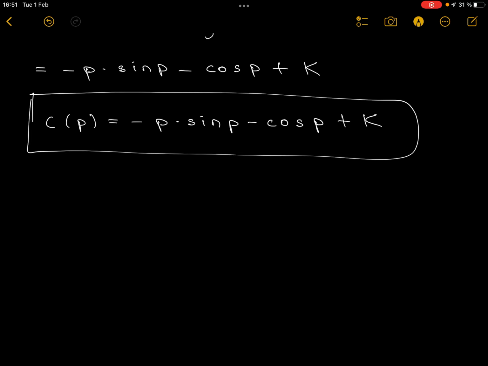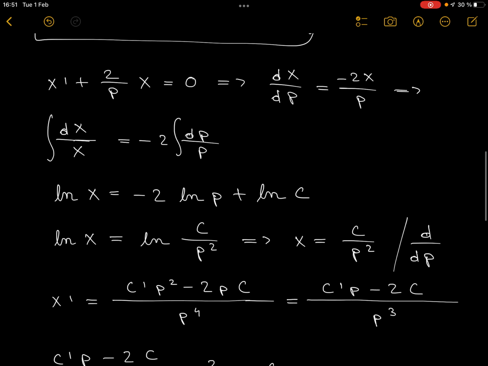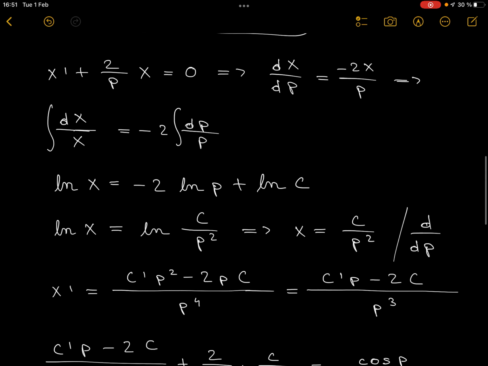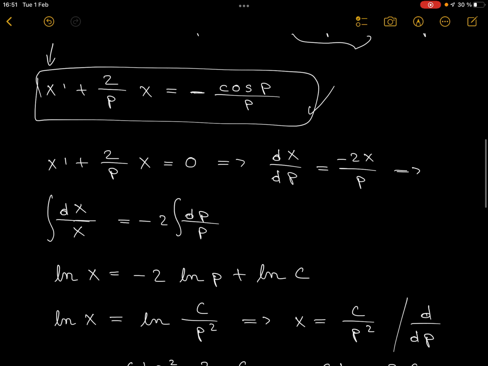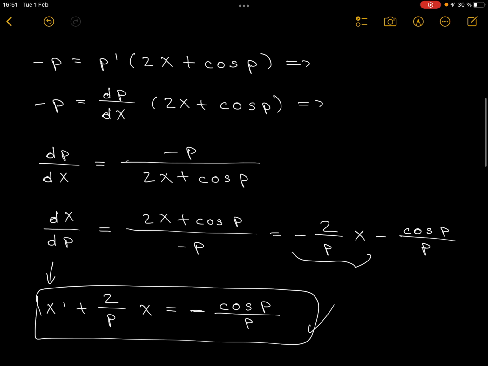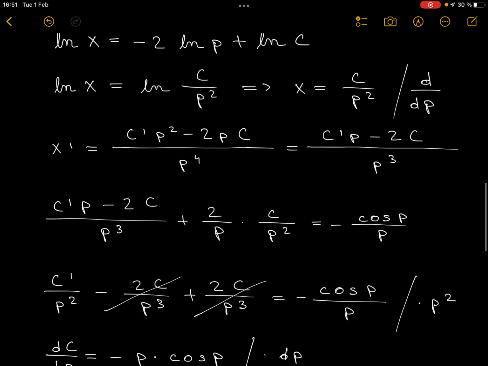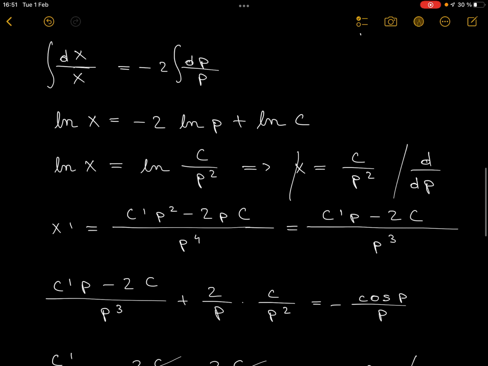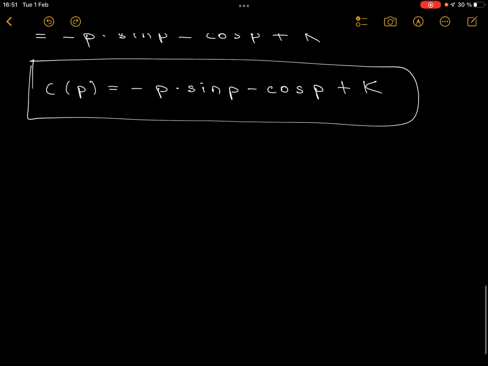Now this is very important. Why? Because now we've got our x as a function of p. And we have to remember that x is simply equal to c over p squared.